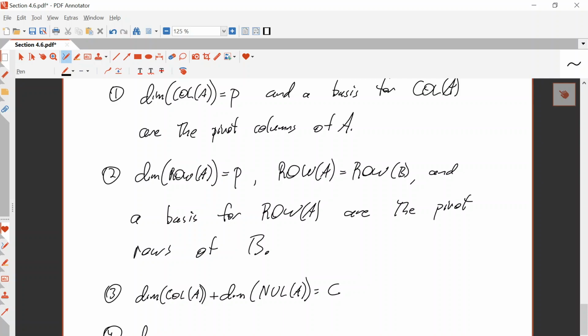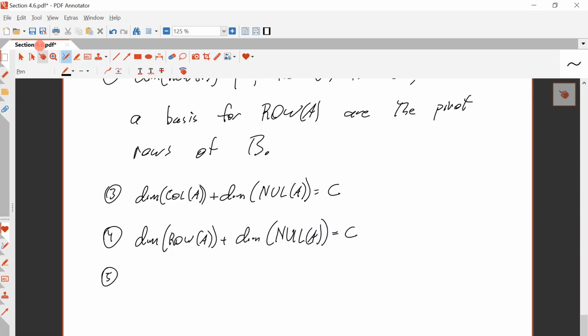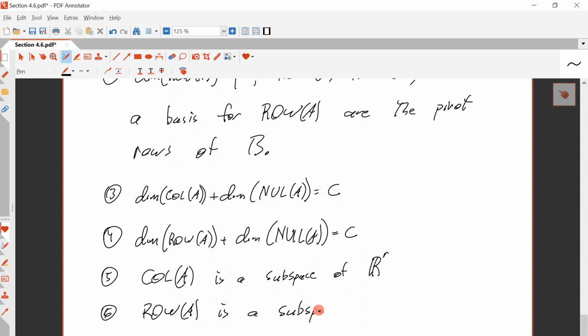Same thing for the row space: the dimension of the row space of A plus the dimension of the null space of A is C. But another difference is that the column space of A is a subspace of R to the R, the number of rows, while the row space of A is a subspace of R to the C, with vectors transposed.